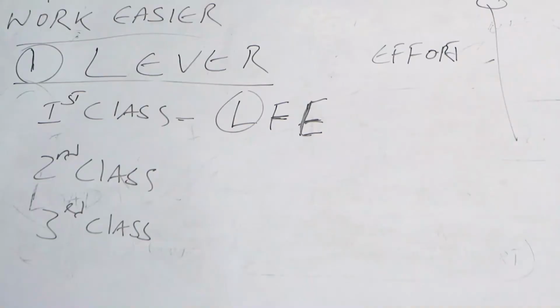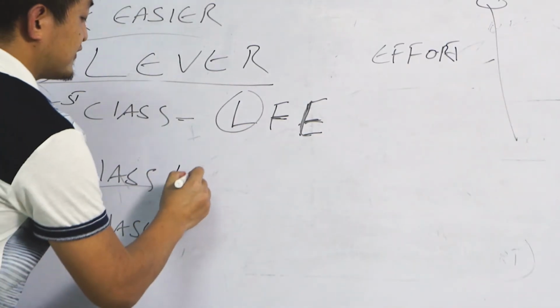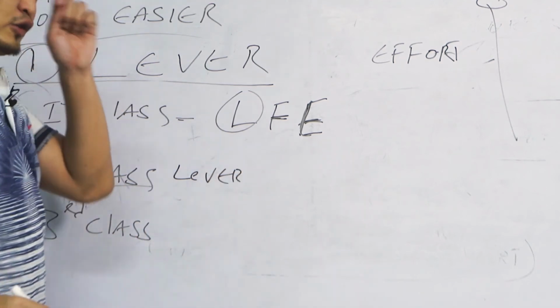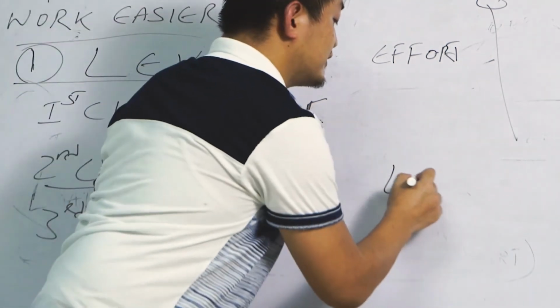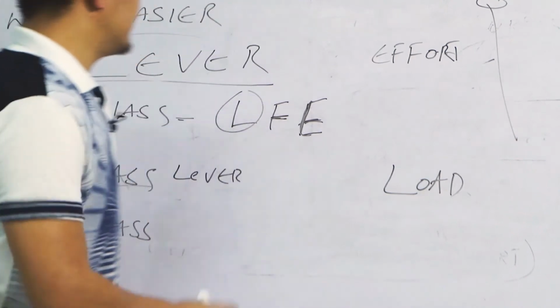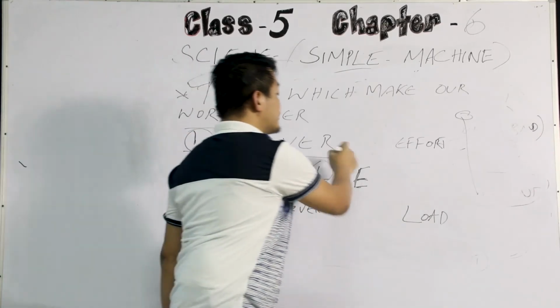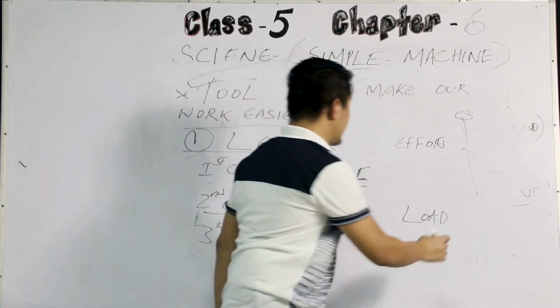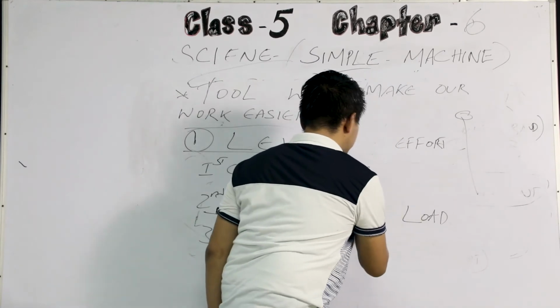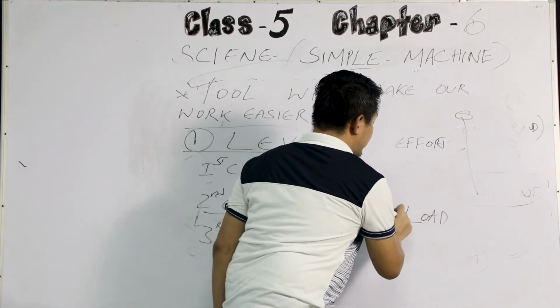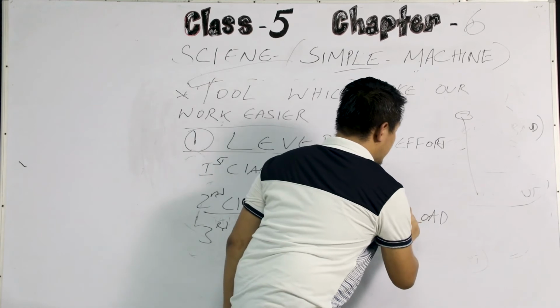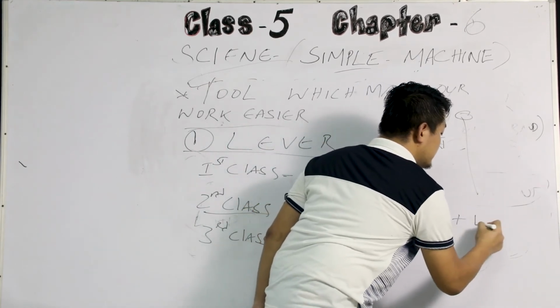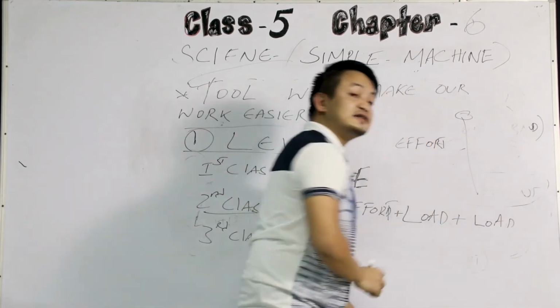Now the second class lever. The second class lever would be when the load is in the center. Okay. This L means load. When the load is in the center and the effort and the load are on the other side.